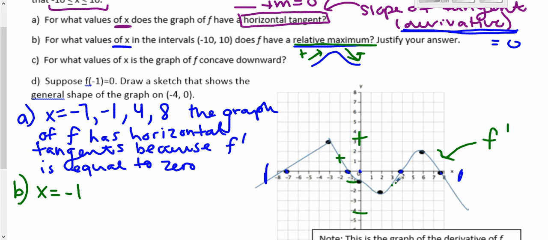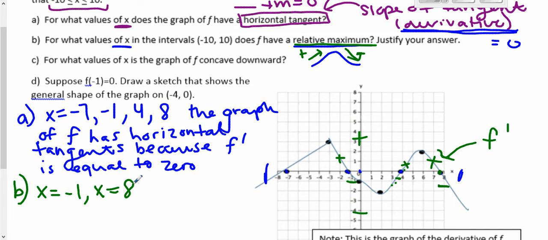And if we follow along, this is negative to positive, so that is not a maximum, it's a minimum. Here's our other maximum, from positive to negative, so that's x equals 8. Or your decimal if you decided to use a decimal there, like 7.5 to 7.8 or whatever you decided to use.